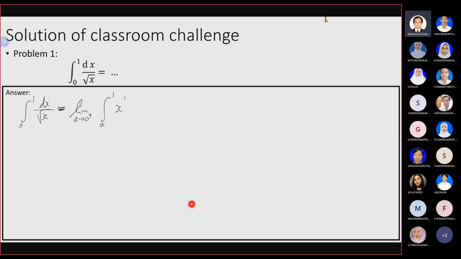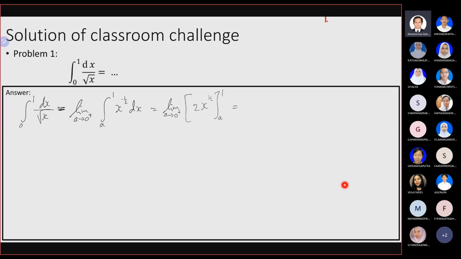of x power minus half dx, which is equal to the limit a goes to 0 from the right of 2 times x power half, and we evaluate from a to 1.